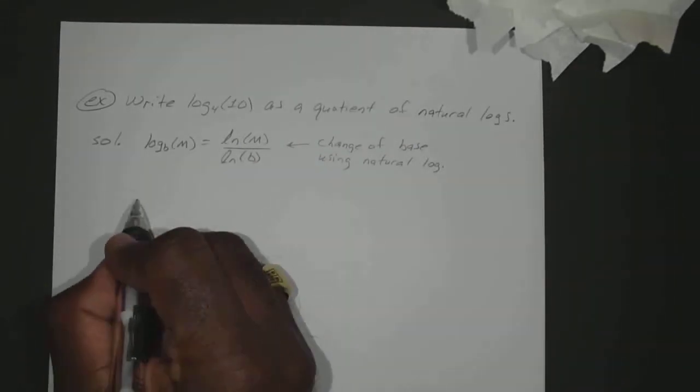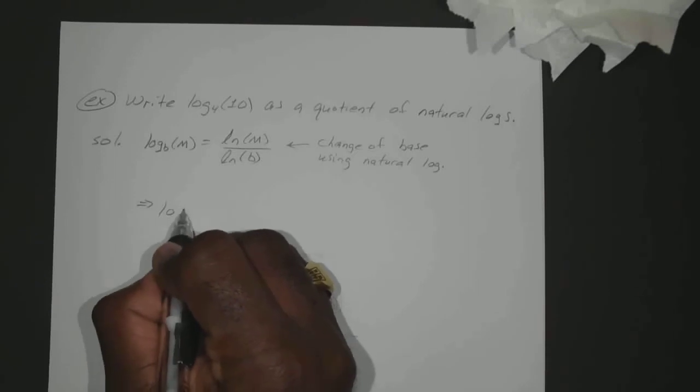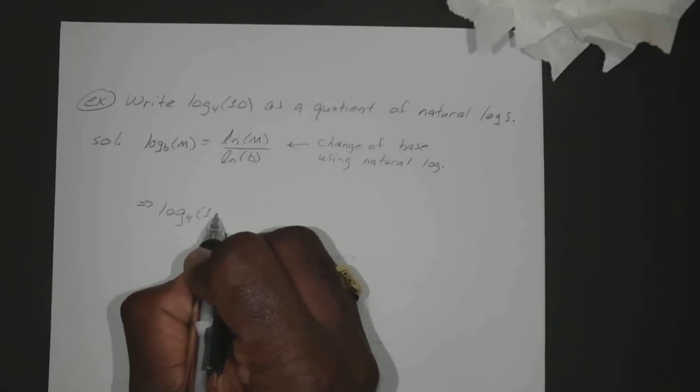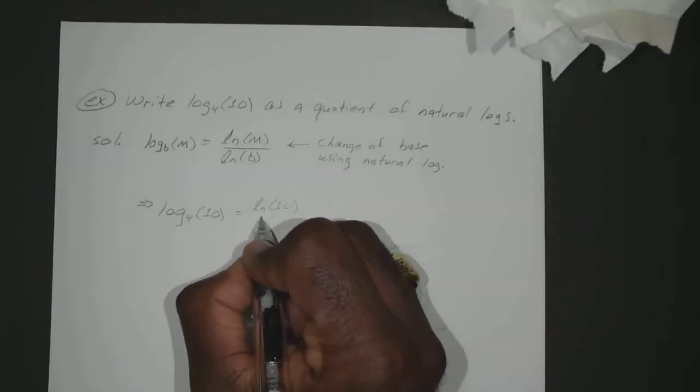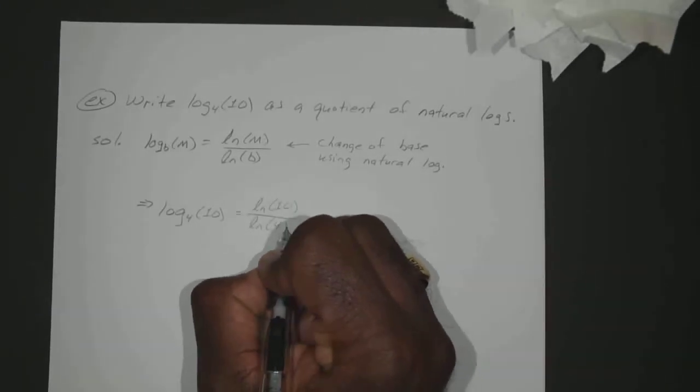Okay, so that means that our log of base 4 of 10 is going to equal the natural log of 10 over the natural log of 4.